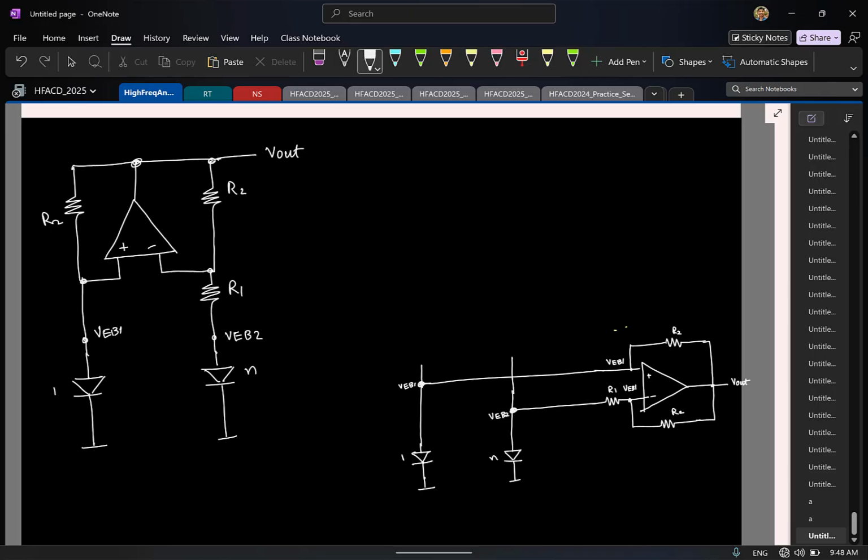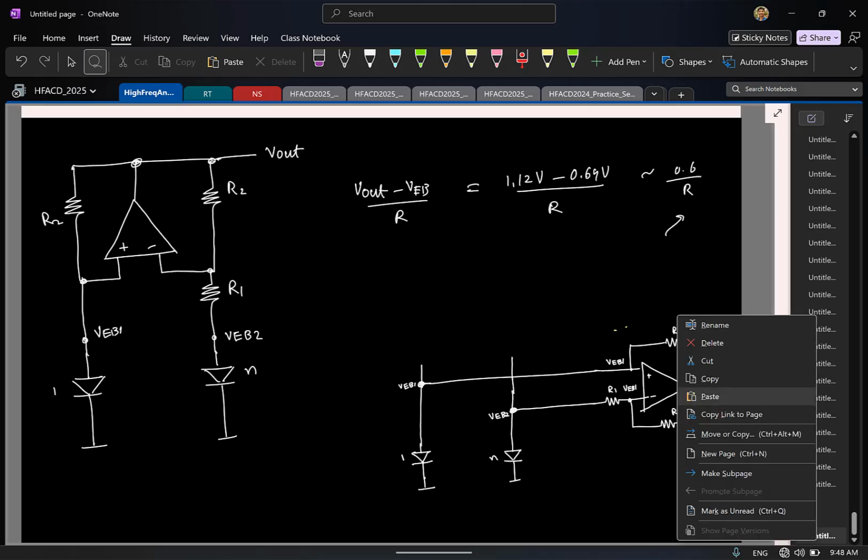For example, now the current flowing through the diodes is Vout minus VEB by R. I know my Vout is roughly 1.12 volts ideally. VEB is 0.65 volts, let's say 0.6 volts, by R. So this is about 0.6 by R. If you choose a reasonable value for R, you will have sufficiently large current flowing through the diode. Diode voltage doesn't depend on the current, that's the whole premise. As long as sufficient current flows through the diode, I am set.